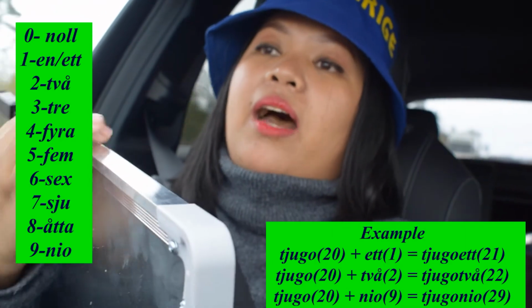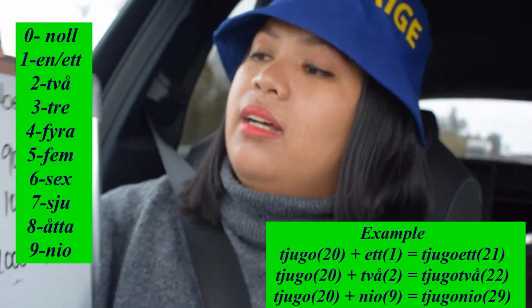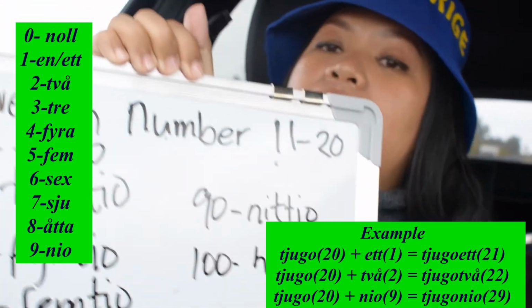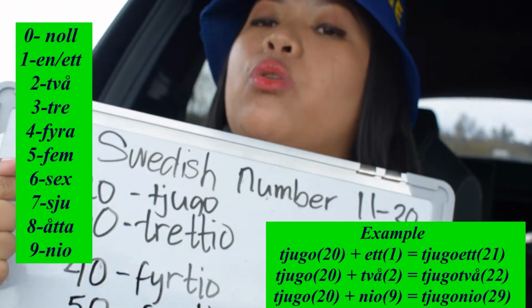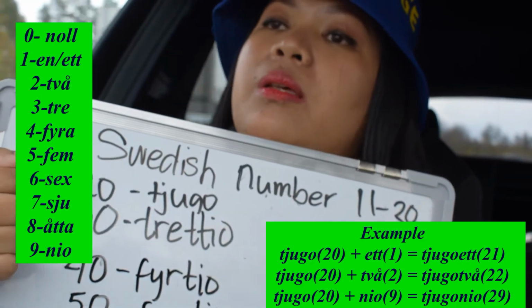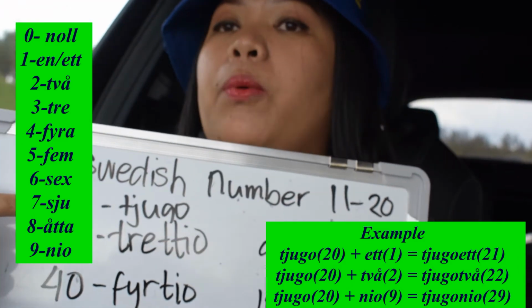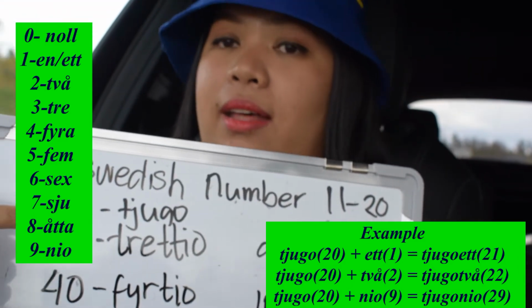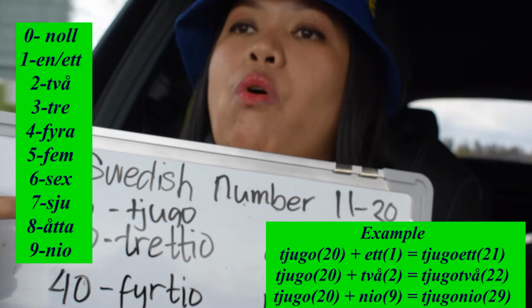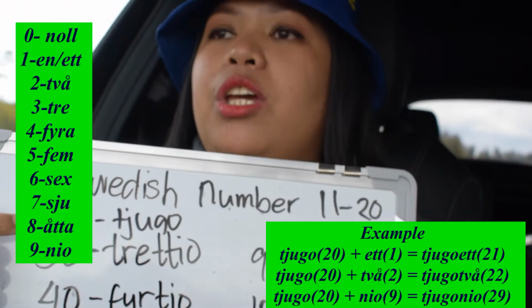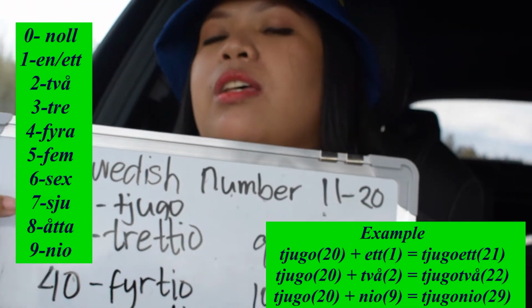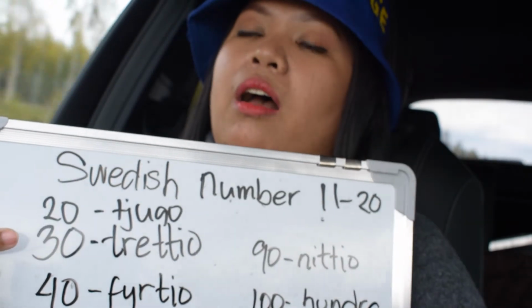You just have to add. For example, this is 20. You just add 20 plus 1. 21, 22, 23, 24, 25 och sen till 30.